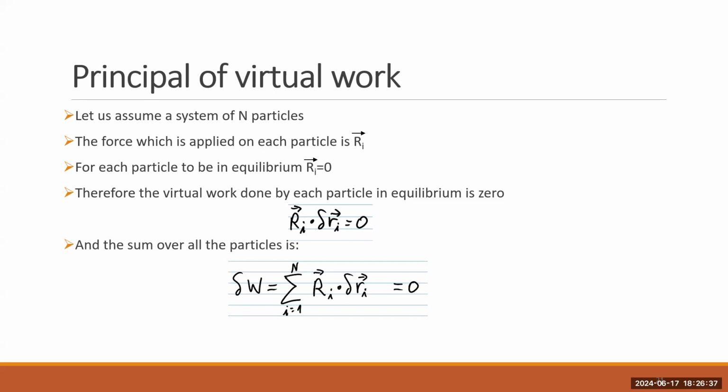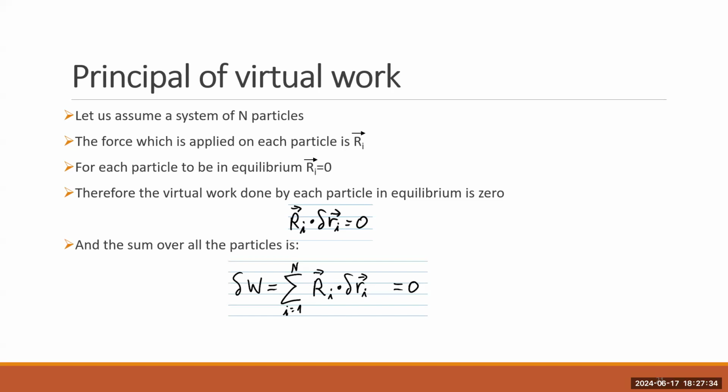Therefore, if we move each particle a little bit by a virtual displacement, delta R, that we just think of, and we want the particle to be in equilibrium, then the work done by this small displacement, with R being the force acting on the particle, has to be 0 in order for the particle to be in equilibrium, in order not to move. That's the meaning of equilibrium.